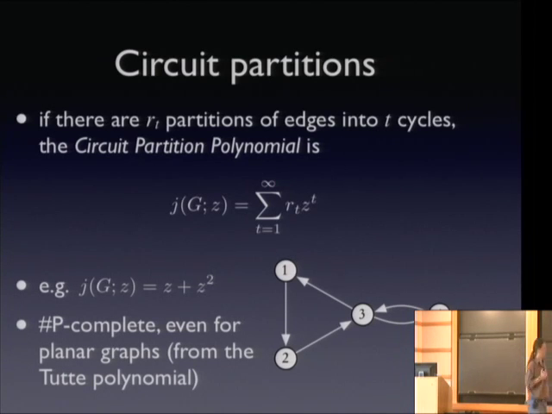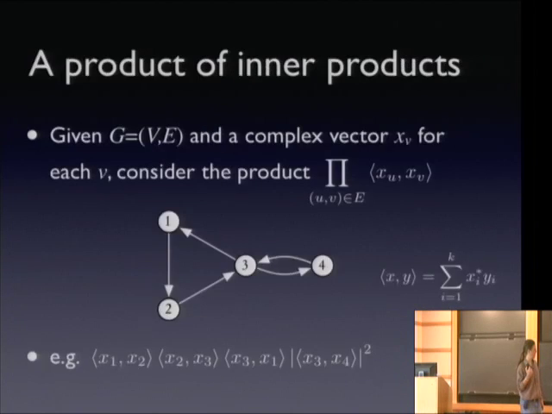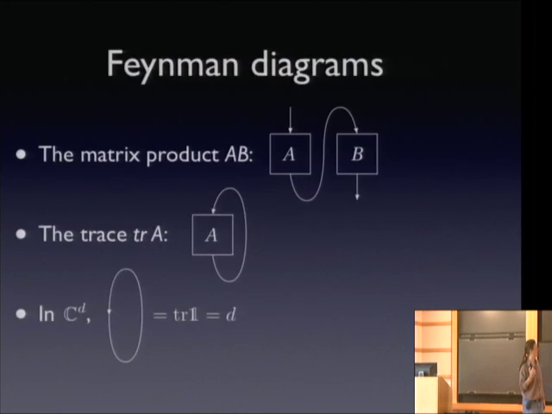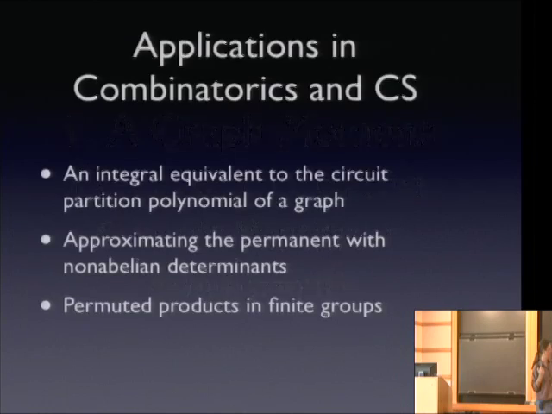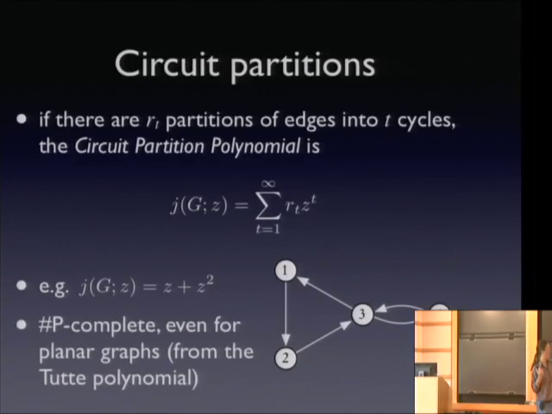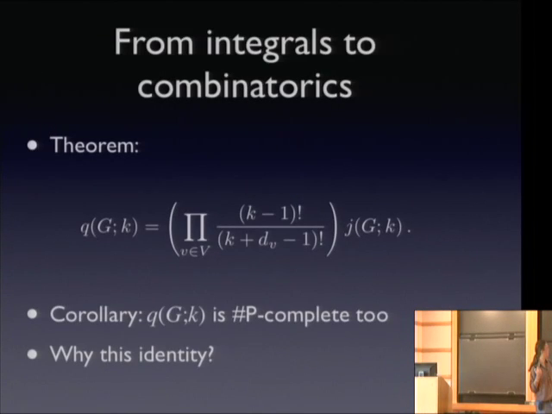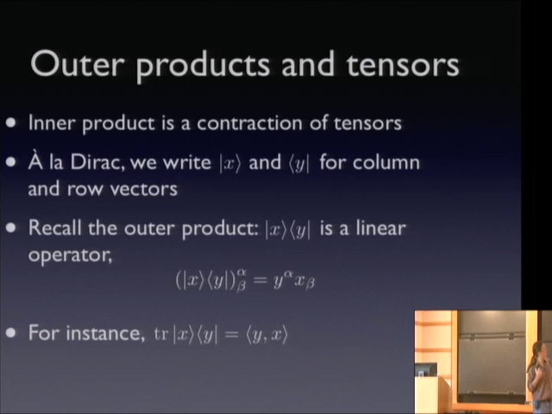And we're giving away a bit of the game, but it's for the same reason that a loop has value equal to the dimension. Here I called the dimension d, there it's k, because I reserved d for the degree of the vertices.